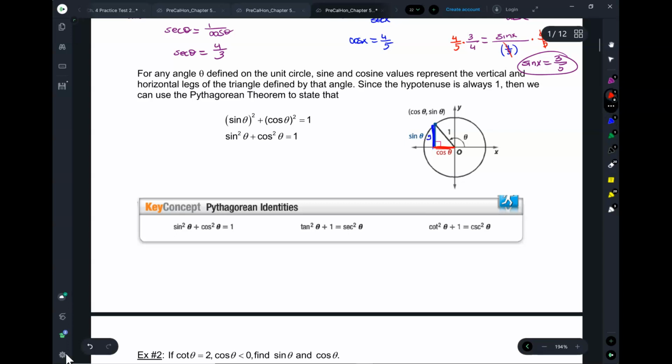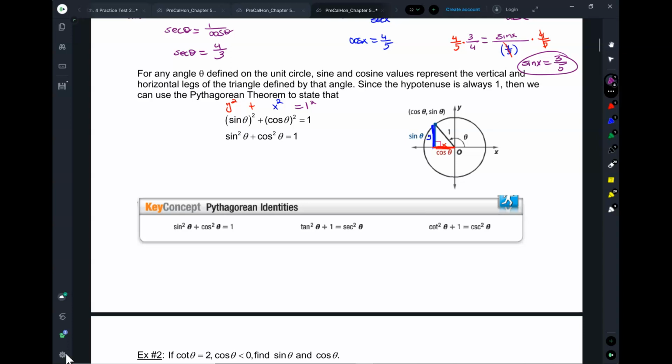And this is x, right? And so if I wanted to write the Pythagorean theorem here, right? This is y squared plus x squared is equal to 1 squared, right? Okay, but we also said last time that y is always sine of theta and x is always cosine of theta.